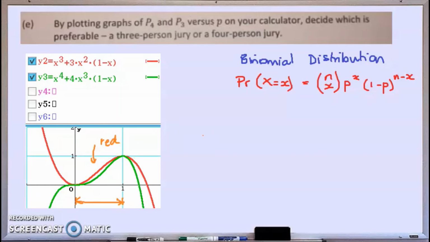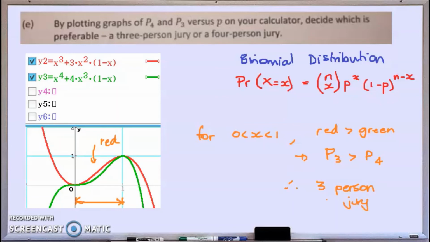But for all other values, so for p between 0 and 1, my red line is higher than my green line, which means the red, which represents P3, is higher than P4. So therefore, the preferable option is the 3-person jury over a 4-person jury.